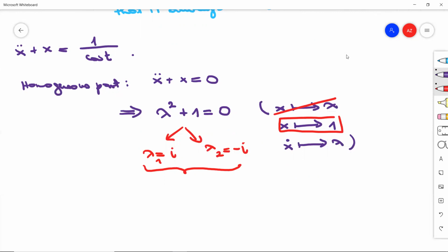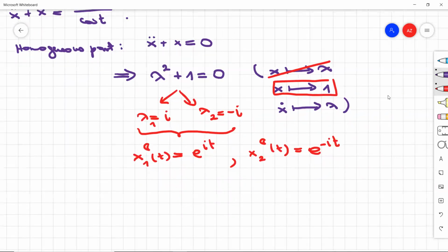The complex solutions would be x1 c of t is e to the it, and x2 c of t is e to the minus it. But we know how to produce real solutions out of this.